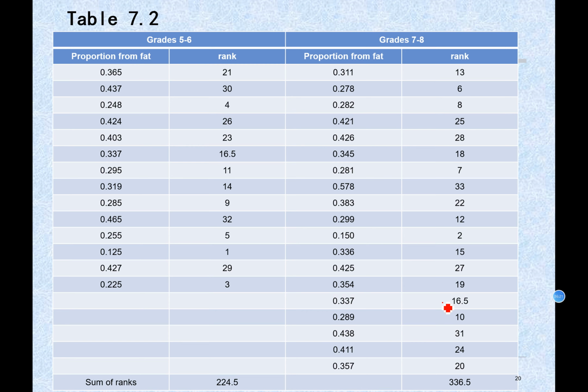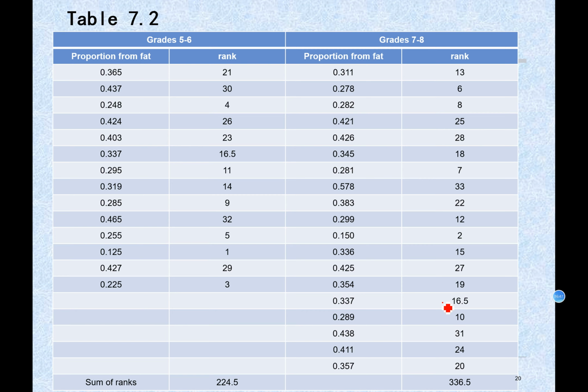So here the most important thing is how to get the test statistic. And we have mentioned that we have the procedure for calculation of the test statistic. Okay, so first we need to pool all the numbers and rank them.